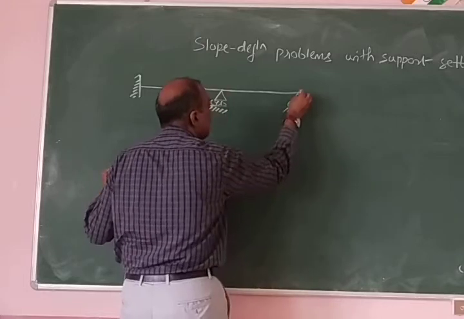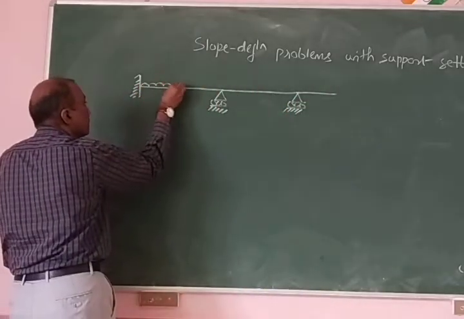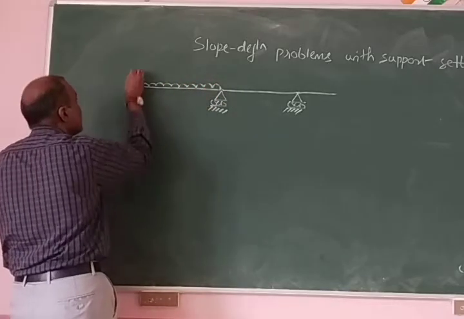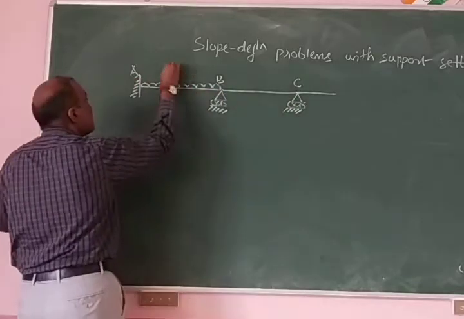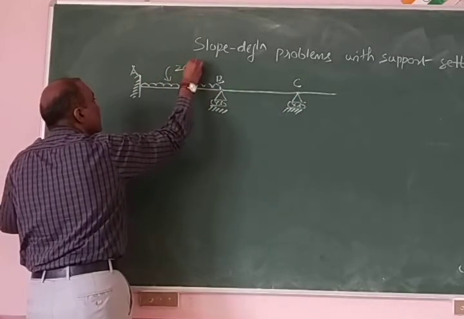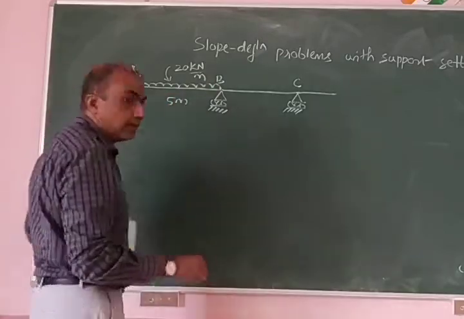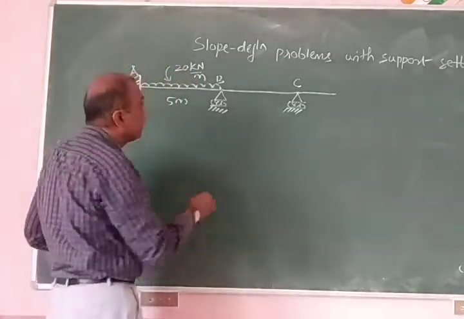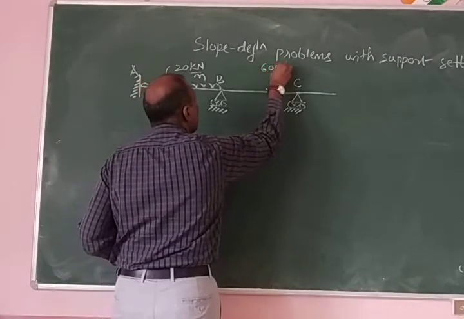So I will take a simple problem. This is A, this is B, this is C. There is a load of 20 kilonewton per meter over 5 meters, and there is a load of 60 kilonewton.